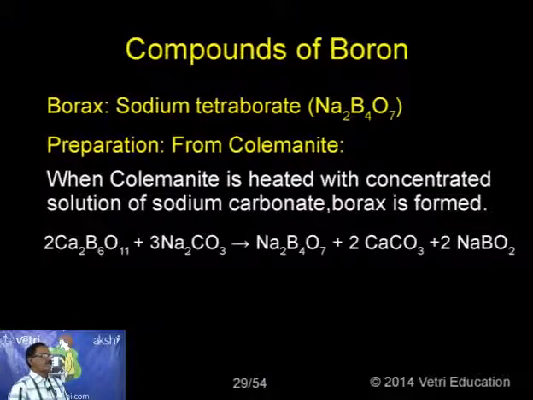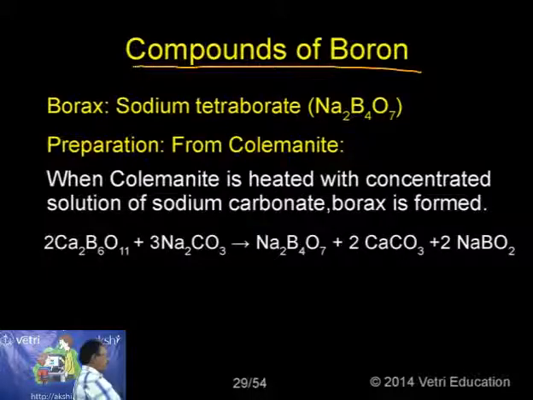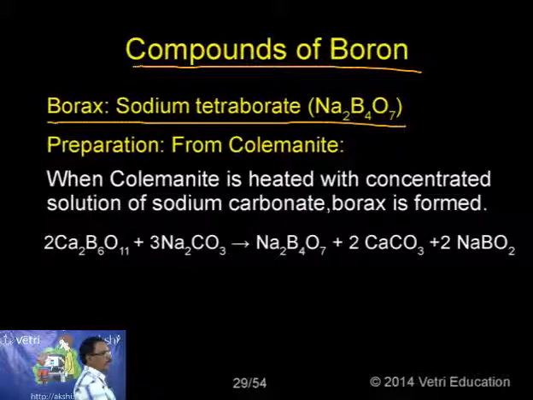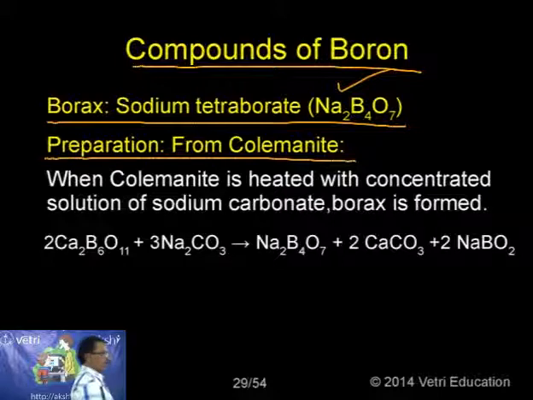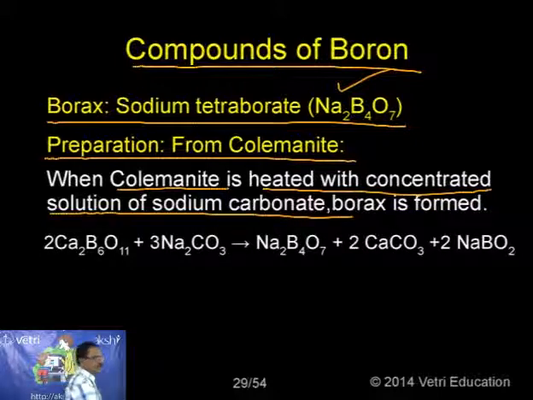Now let me discuss the compounds of boron. Under these compounds, let me take borax, sodium tetraborate, Na2B4O7. How to prepare it? I can prepare it from colemanite. When colemanite is heated with a concentrated solution of sodium carbonate, borax is formed.